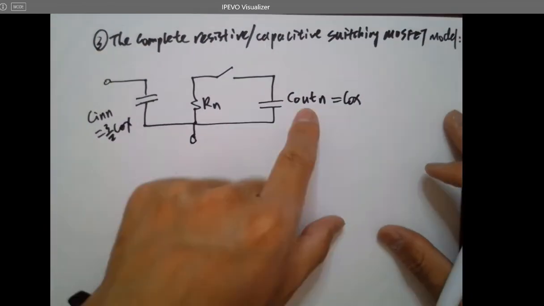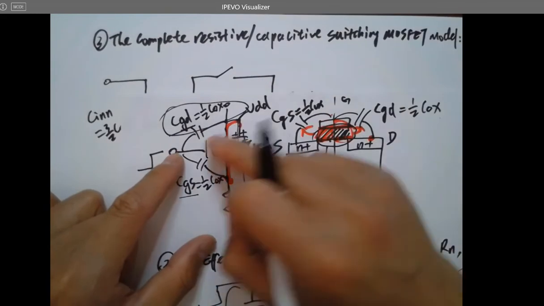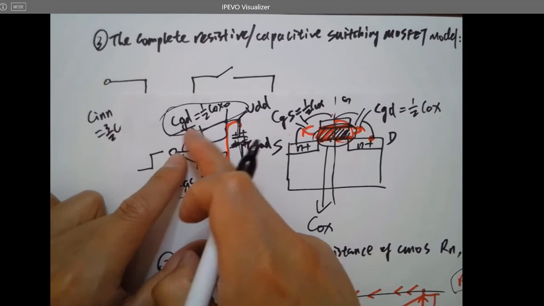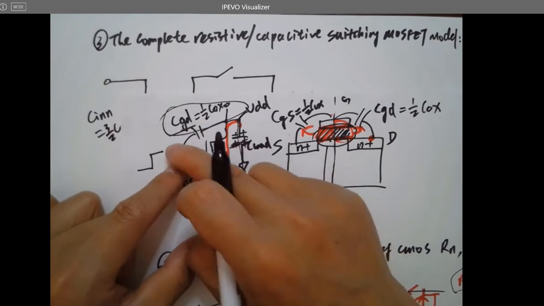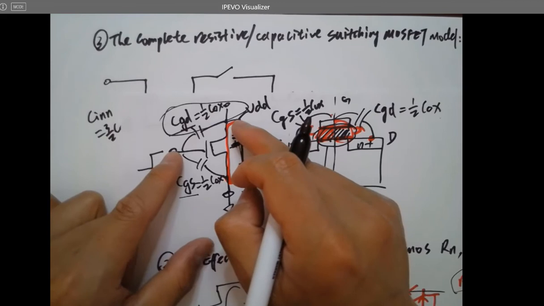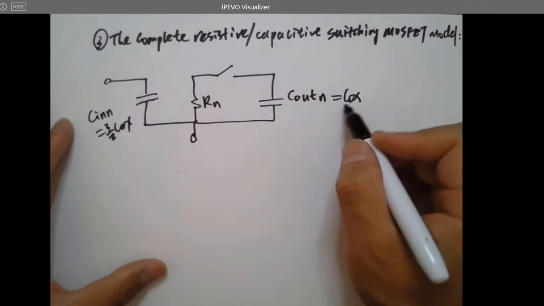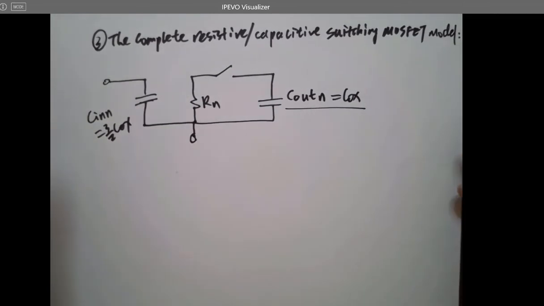And the reason the output is Cox is because if you just look at these two terminals, we split this capacitor into two mirror capacitors, and each of them is Cox. So you're getting C out as Cox.